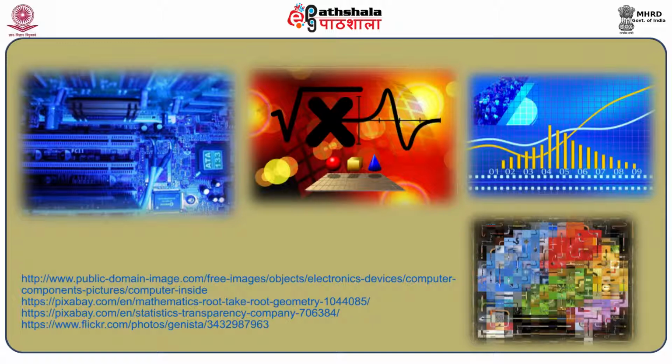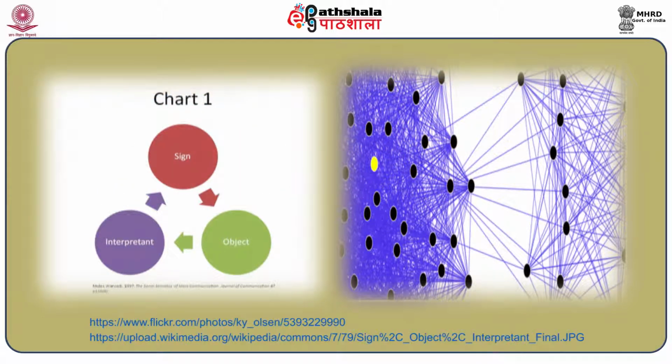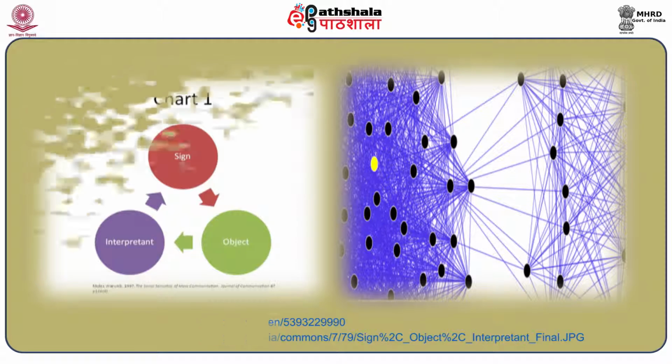In this game, not only the linguists, but people coming from computer science, statistics, mathematics, neuroscience, cognitive science, psychology, semiotics, discourse, pragmatics, many other disciplines are combining together, working as a group to handle language in that way.